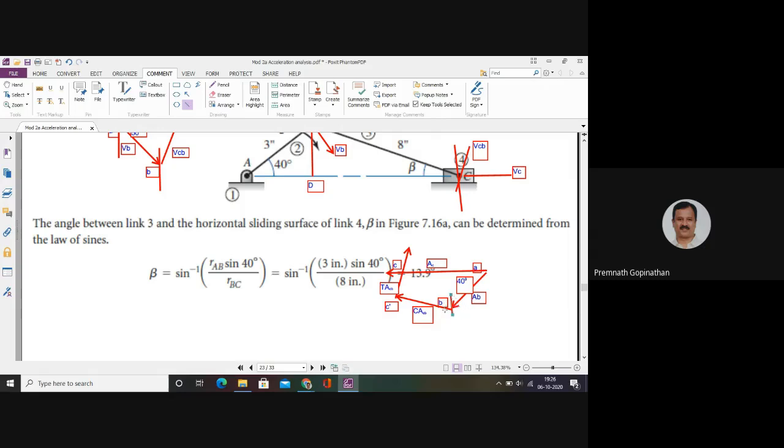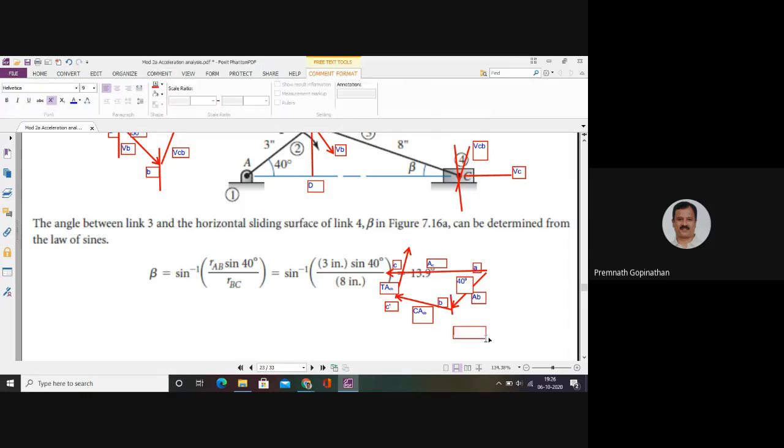So that you'll be getting the counter angle B. Okay, so I can mark this position as angle B. Angle B will be equal to 180 minus 13.9 minus 40 degrees. So that will give you the total angle at point B.